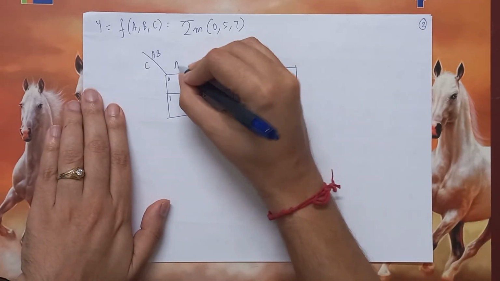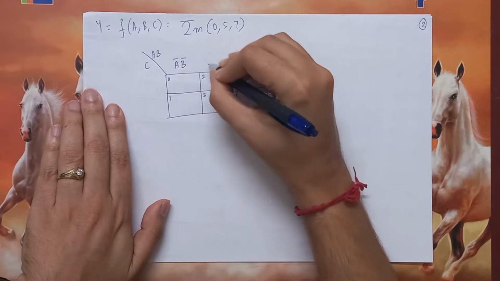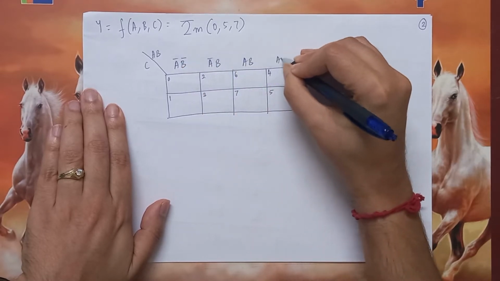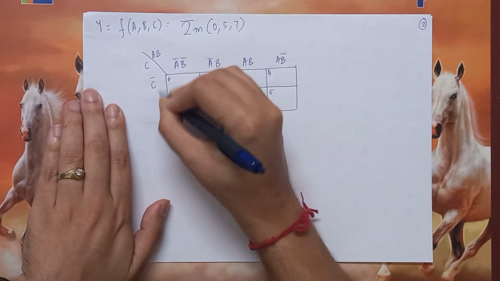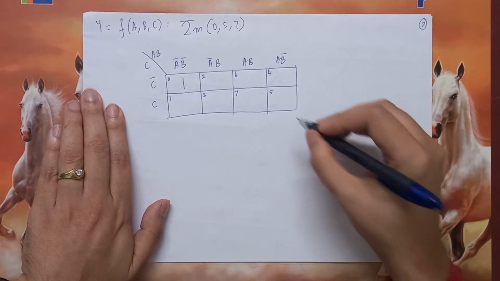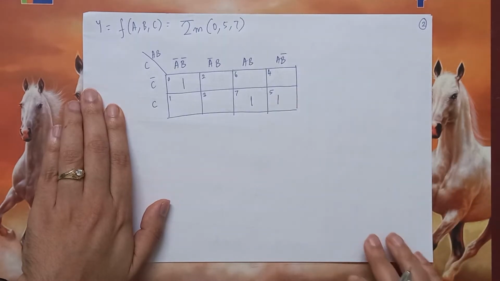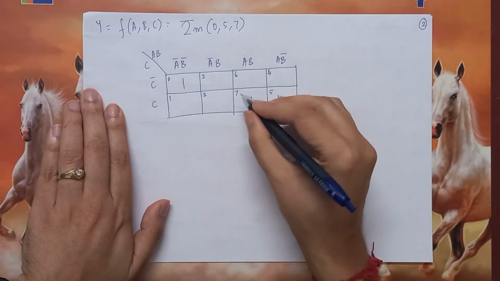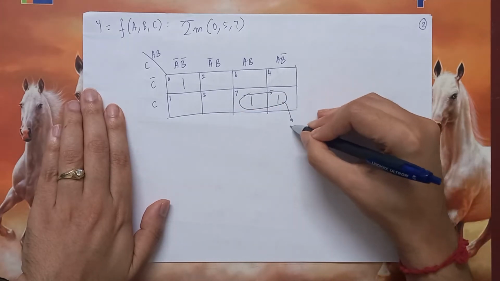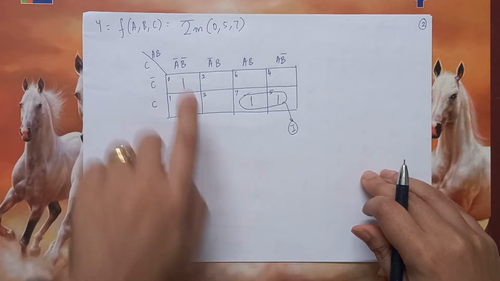So this will be A bar B bar, A bar B, AB, AB bar. So 0 means here there will be a 1, and 5 and 7 here there will be 2 ones. Now immediately I can see I can make a group of 2. Let's call this group number 1. Now what about this one?